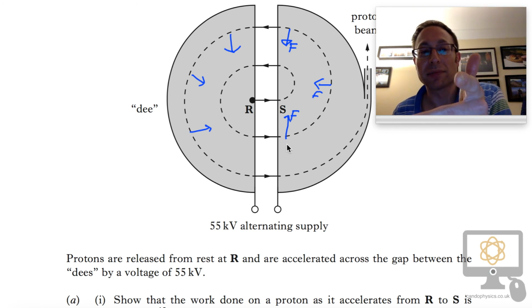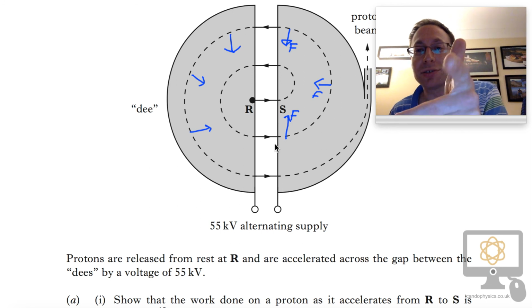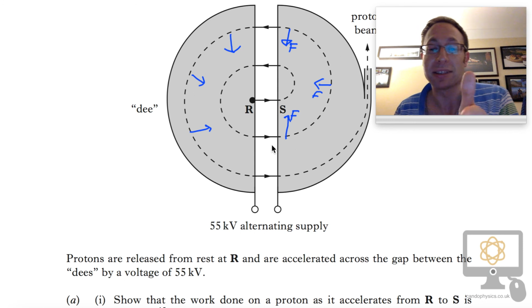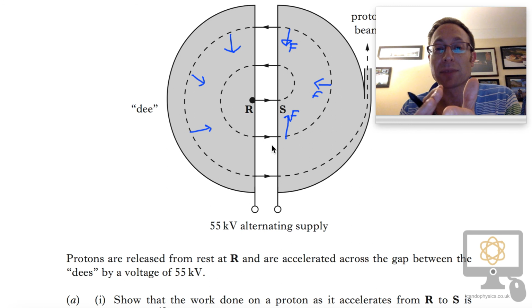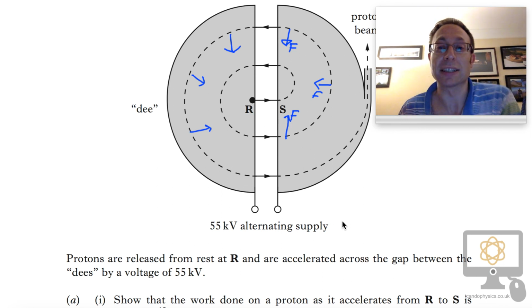And so my first finger, which is the field, at this point is pointing into the page, and as you can see, it's pointing into the camera. Because I'm using my left hand, which stands for conventional current or protons, the magnetic field is into the page.